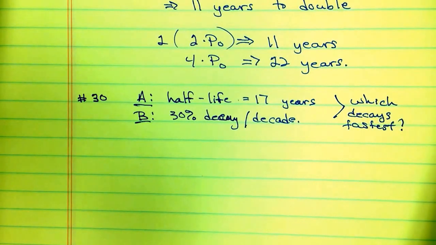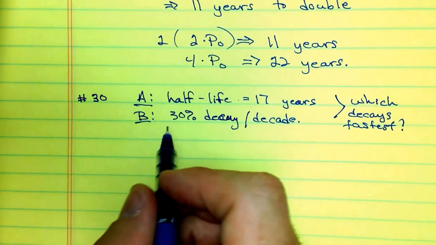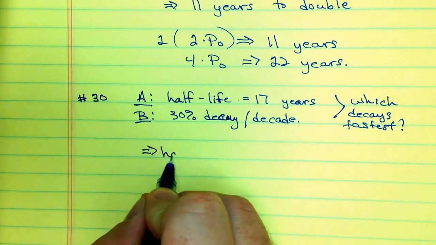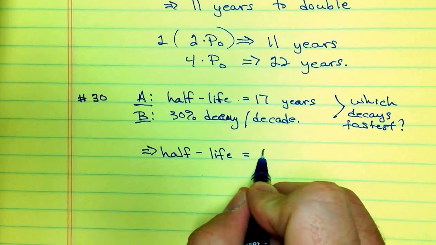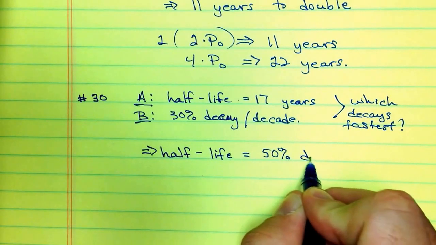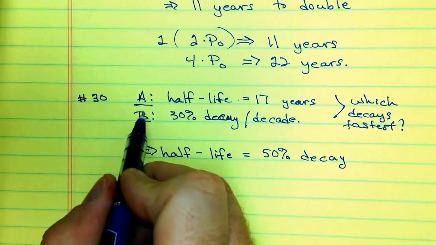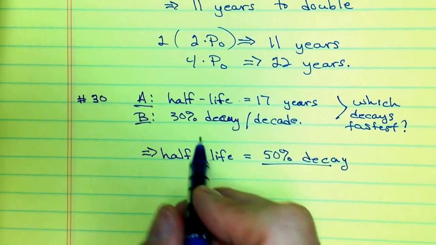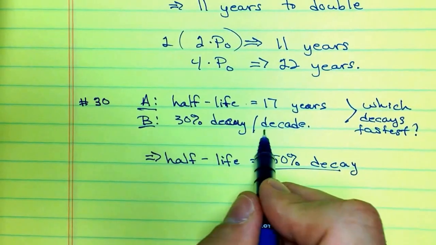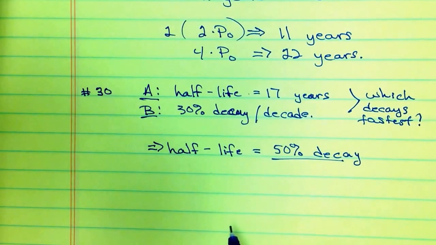Okay. So we got to think, what does half-life mean? So remember, half-life means 50% decay. So substance A decays by 50% in 17 years, and B decays by 30% every 10 years.